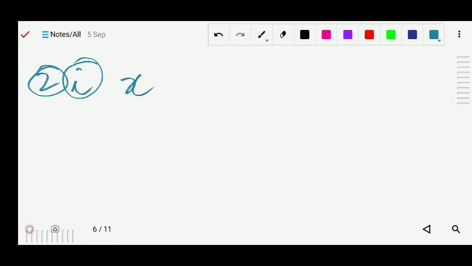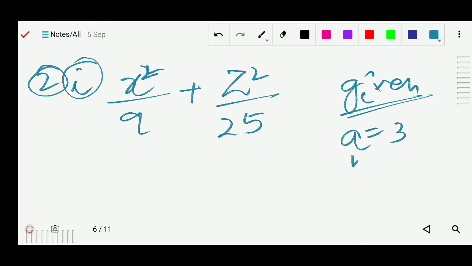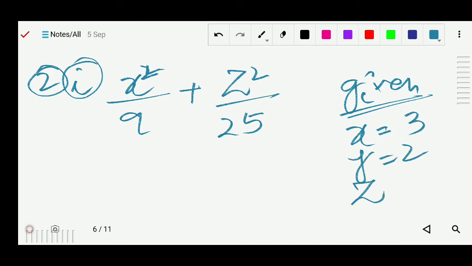The question is x square by 9 plus z square by 25, and it is already given that the value of x is 3, the value of y is 2, the value of z is 5.